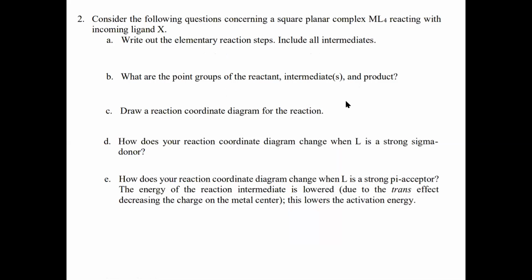All right. So going back to our questions. So now that we know what the reaction coordinate diagram looks like, how does this reaction coordinate diagram change when L is a strong sigma donor? So we're thinking back to the things we discussed with the first question.